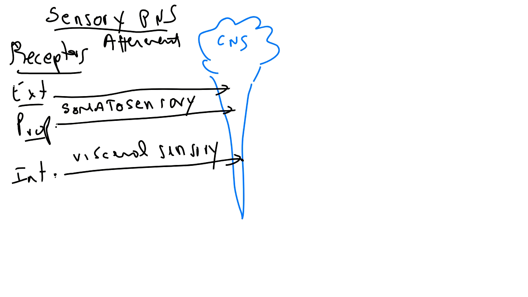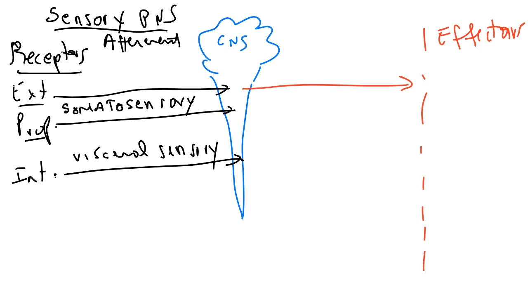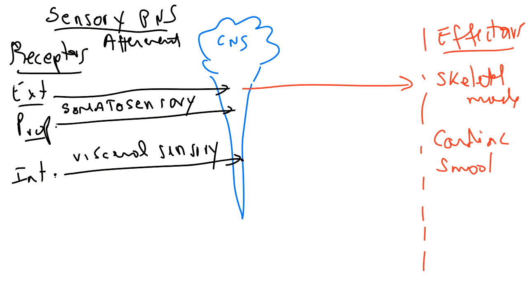The other PNS division was the one that relayed commands to the effector organs, or viscera, of the body. The effectors were not part of the central nervous system. The effectors belong to all other body systems, and those were skeletal muscle, cardiac muscle, smooth muscle, and glands.